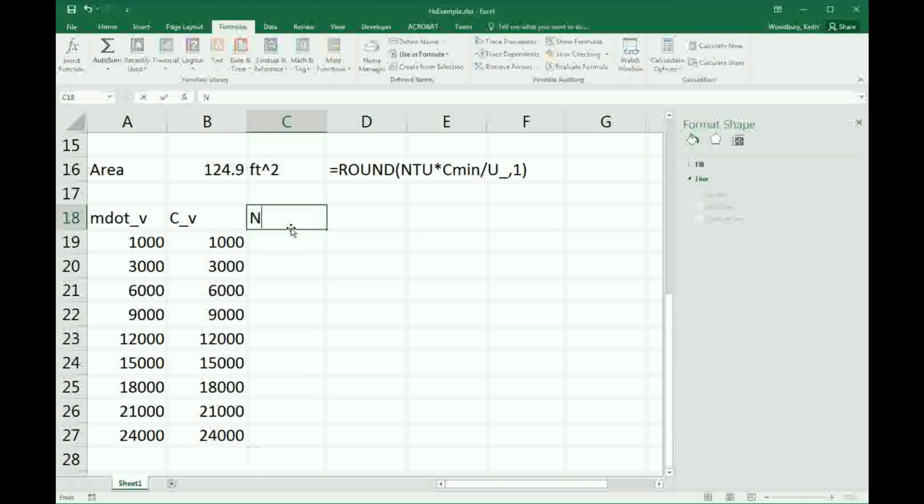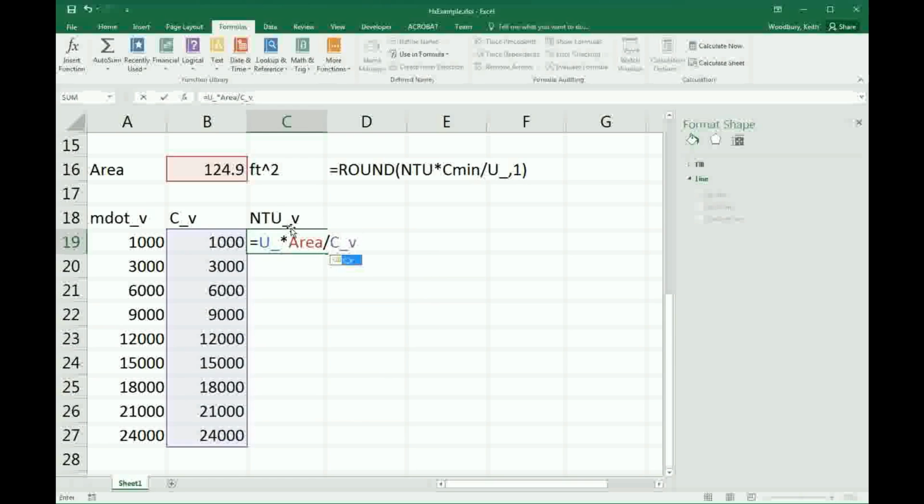So let's make a new column called NTU varied, and that's going to equal U times area, but divided by this thing I called CV.